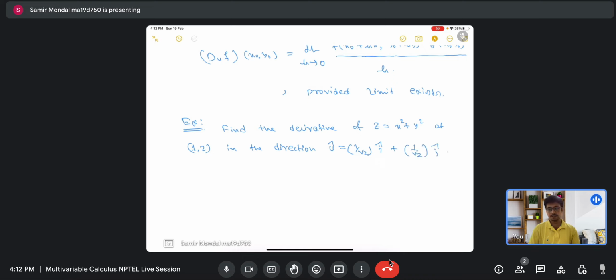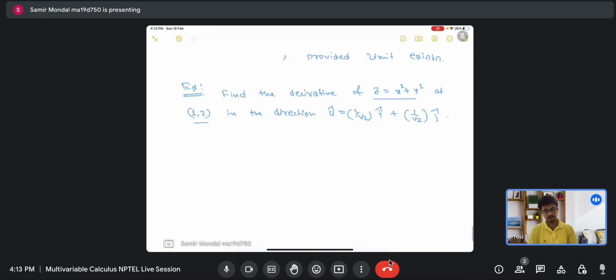This is your unit vector. So you have to find the derivative of this given function at the point (1, 2) in the direction of this vector. So this is nothing but the directional derivative of this function in the direction of the unit vector.